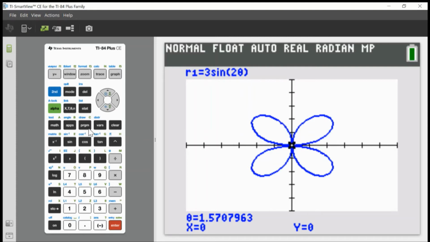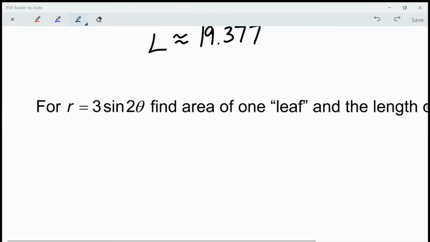But what you could also do is use a little bit of trig and solve a trig equation. What I meant by using a little bit of trigonometry would be to find the values where r is equal to 0. I could set 3 sine 2 theta equal to 0, and I'd get sine 2 theta equals 0.